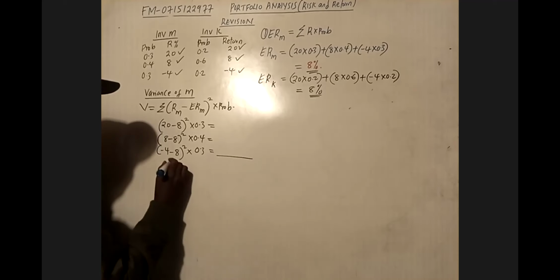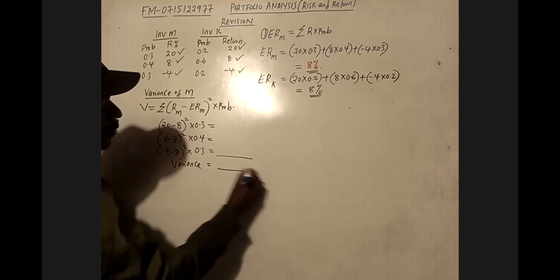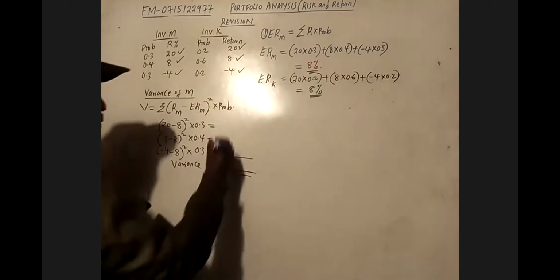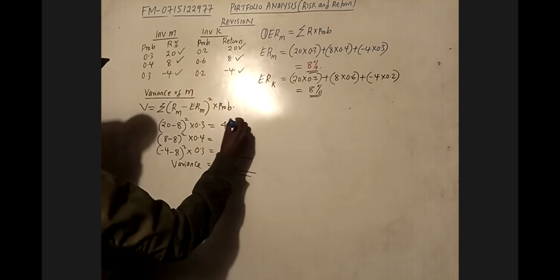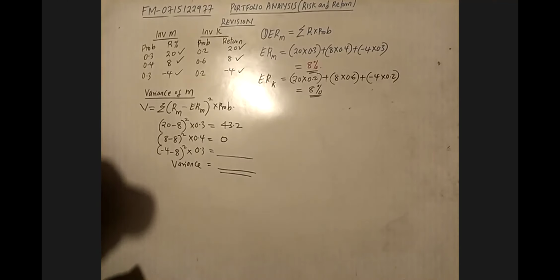So we shall get the variance. It is 20 minus 8 squared times 0.3, which is 43.2. Then this one will be equal to 0 because 8 minus 8 is 0.